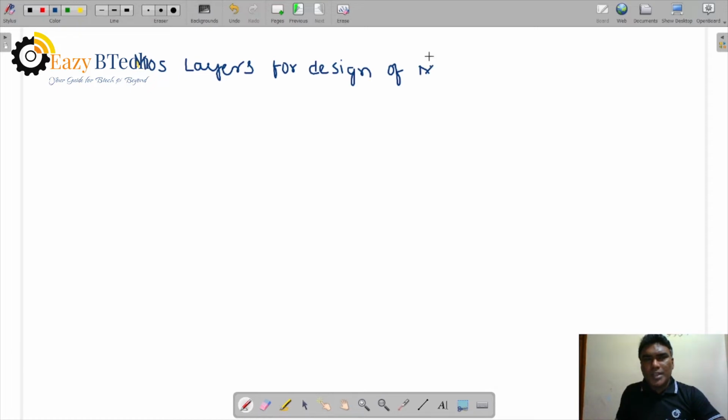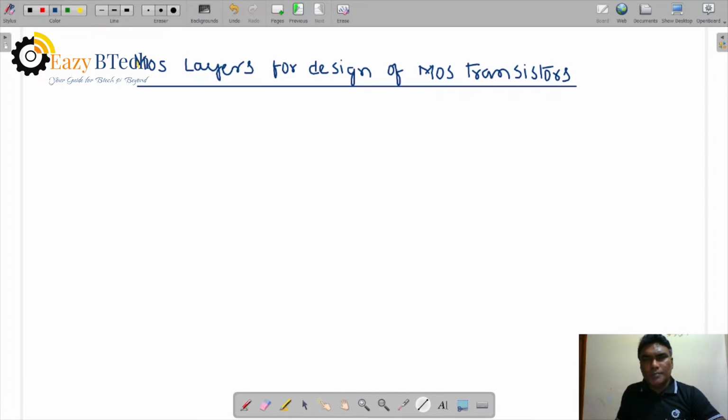The basic transistors are NMOS and PMOS. With these NMOS and PMOS, we can design CMOS.